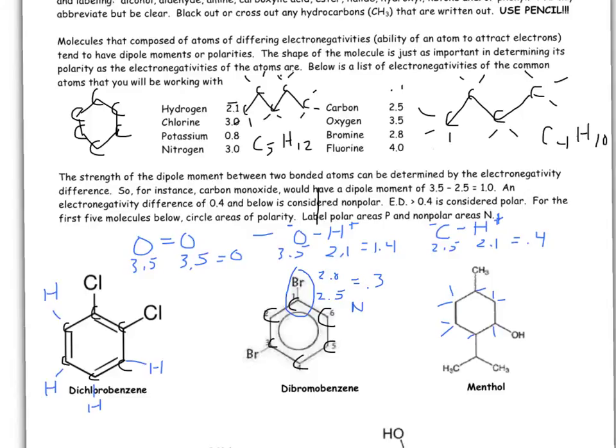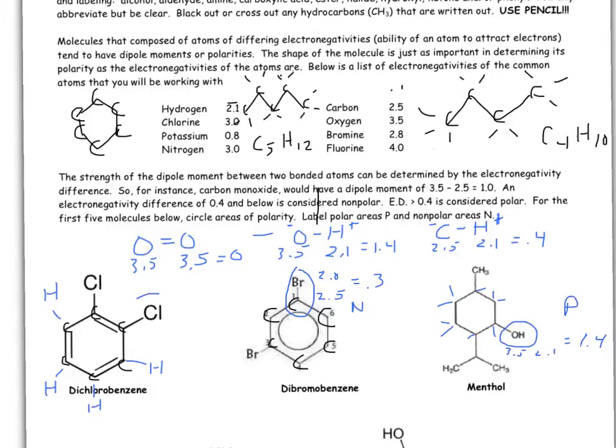All right. However, if I look at oxygen and hydrogen, we already know, circling these two, that one is 3.5 and the other one's 2.1, and therefore the difference is 1.4, and therefore we know this is polar.